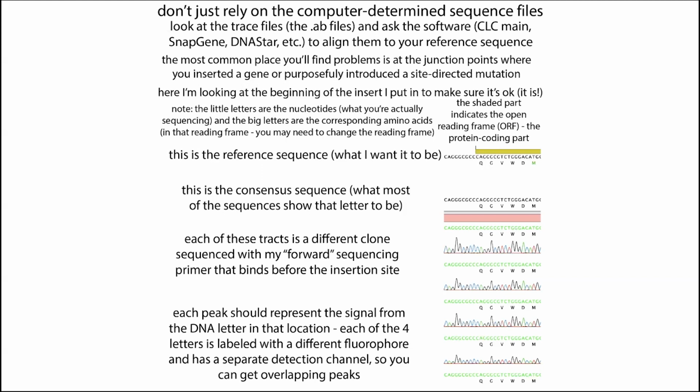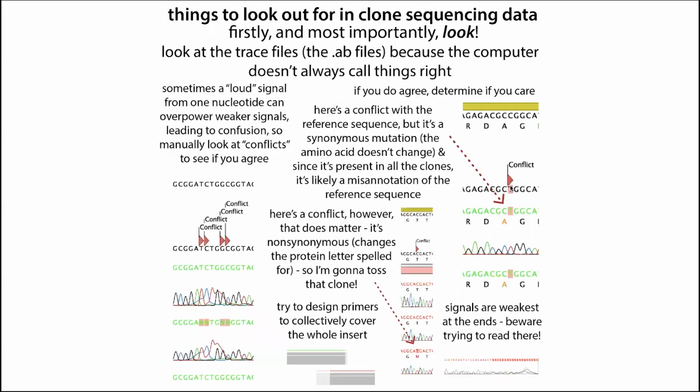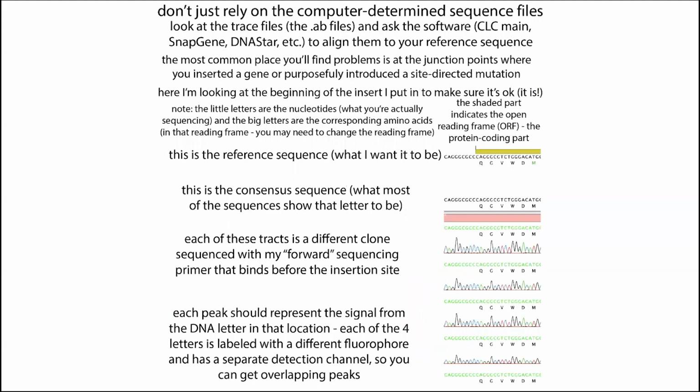They're going to send you a few different types of files. Some of them are just going to be the actual sequence, at least what they say the sequence is. But that sequence that was called is based on the actual data. You can see the actual data in the trace files, these .ab files, which you can visualize using software like CLC Main, SnapGene, or DNA Star.